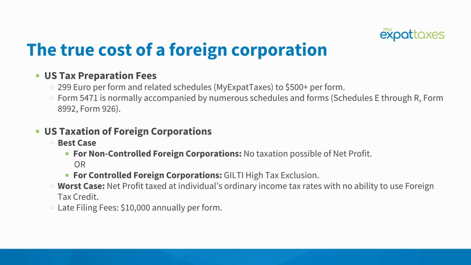If you pull out dividends, you can use personal foreign tax credits on that. If you leave all of that money in your company and you have a high net profit of 400K, the IRS will try to tax that 400K at ordinary income tax rates, and you cannot use the foreign earned income exclusion on it. So this is where it gets a little bit tricky, okay?